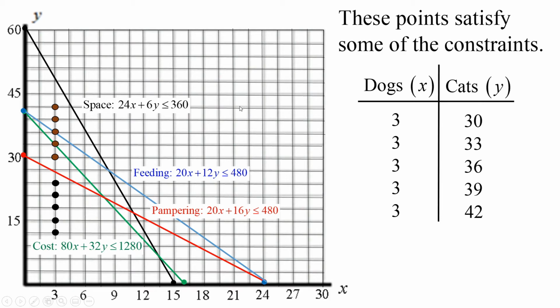Now, these points satisfy some of the constraints, all right? Like this point up here satisfies this constraint right there. It's underneath that boundary line, but it does not satisfy the constraint that's underneath the red boundary line, all right? Some of the constraints, but not all of the constraints.